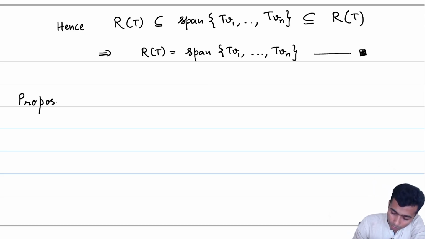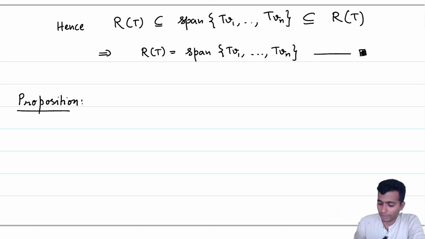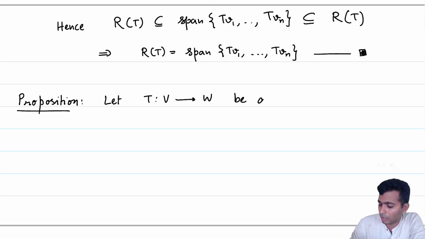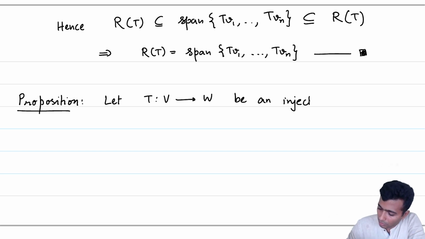We will prove one more similar statement, and this is going to be a little different, but the style of the argument is similar to what was done in the dimension theorem. So, let T from V to W be an injective linear transformation.